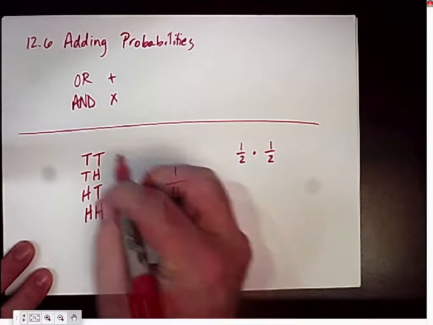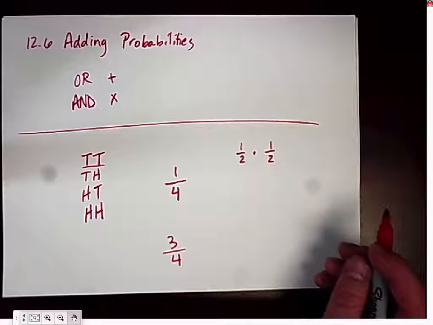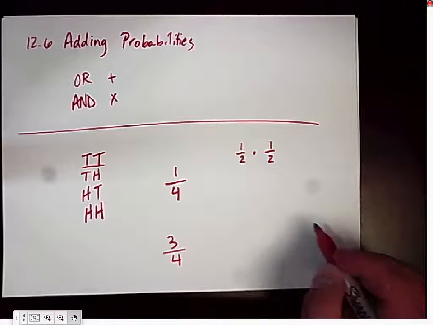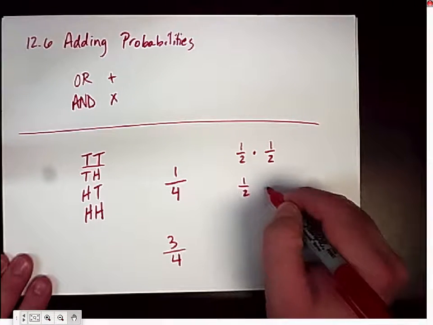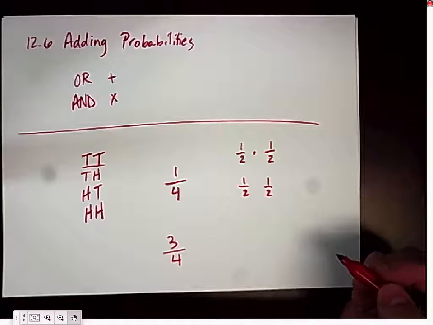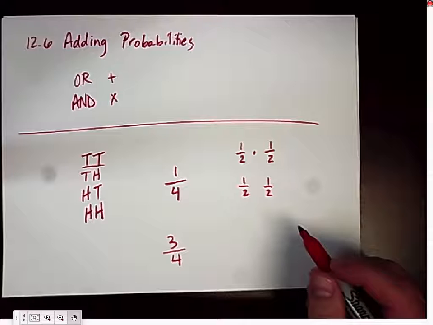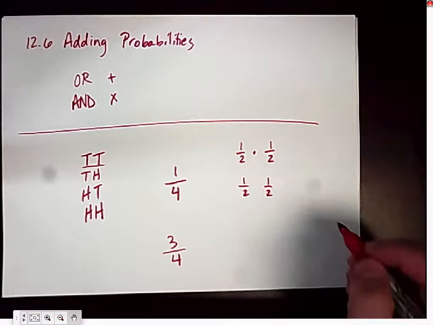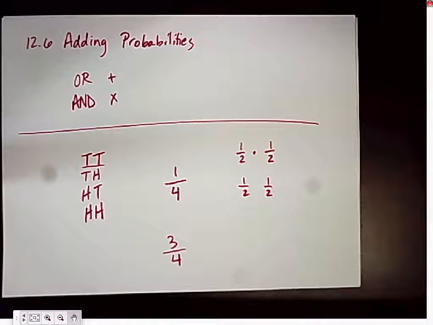The only one that's not is that one, right? So, can you do something to 1/2 and 1/2 and get 3/4? No. Okay. So, did I lie when I said that it means adding? Because if you added, 1/2 plus 1/2 is 1, which means that if anything has a probability of 1, it means it always happens. Well, it doesn't always happen that the first one says heads or the second one says heads.